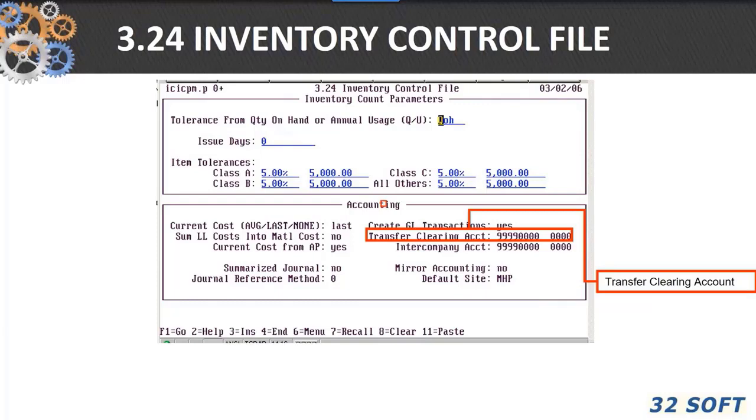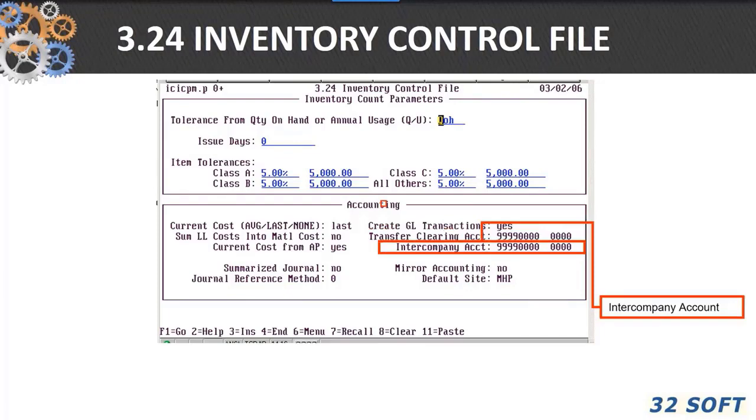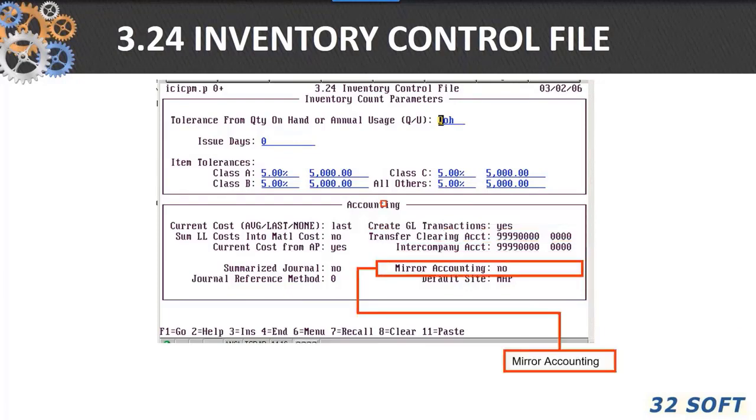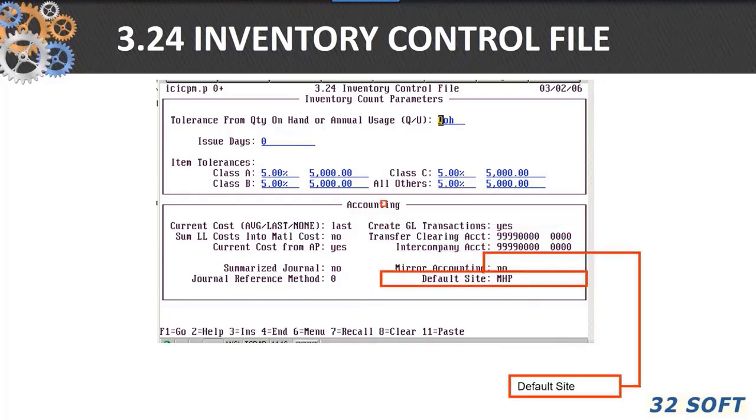This is if you have a transfer between sites and you have different standard costs in those sites. This is the variance account that's going to take that. There's intercompany, whether you use mirror accounting or not, and is this a default site for your whole inventory control system.